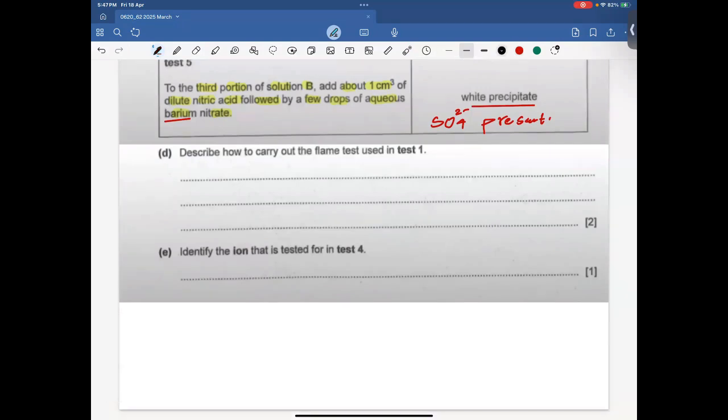Describe how to carry out the flame test. Make a salt solution containing lithium ion. Dip the glass rod in it.